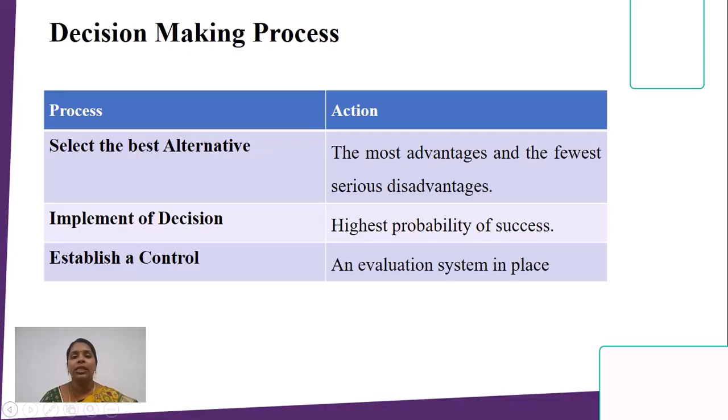An evaluation system should be in place to check that the selected decision or selected alternative is giving you the same result as discussed in the analyzing part. That is, you have to monitor your decision implementation, and an evaluation system should be in place in order to continually monitor the implementation of the decision.